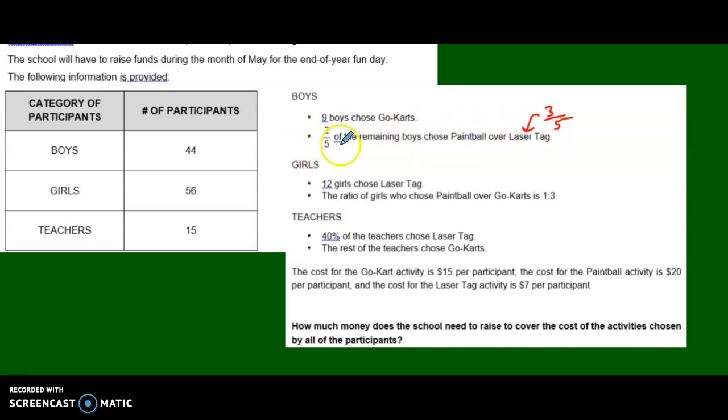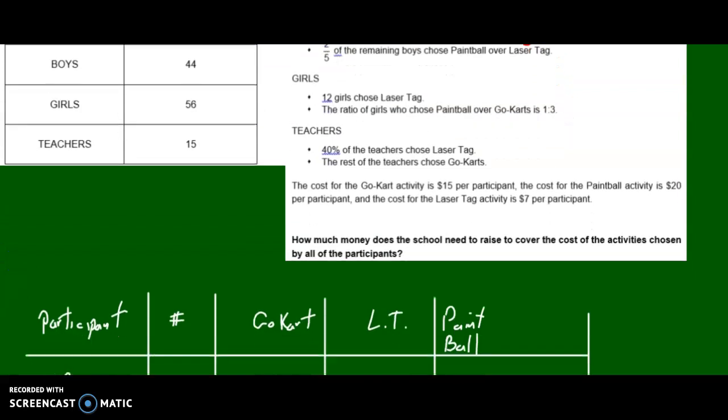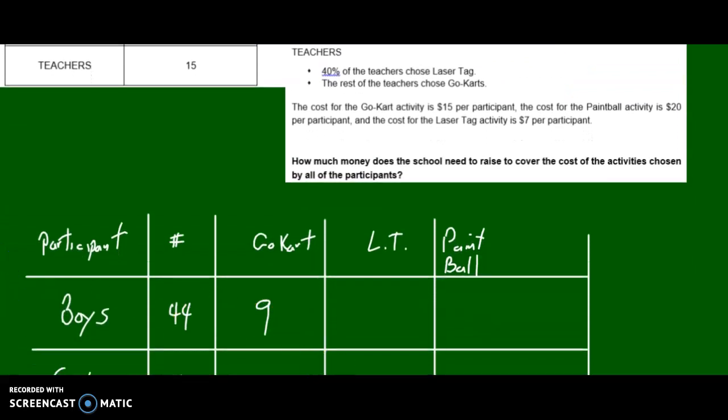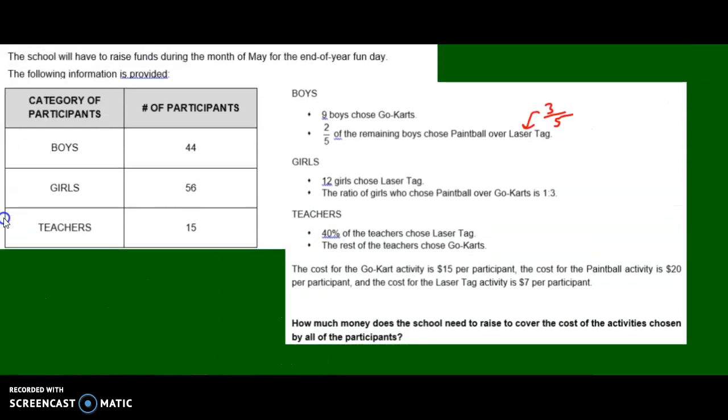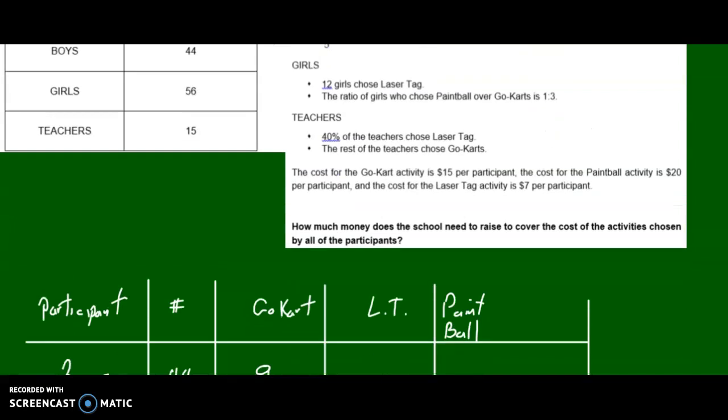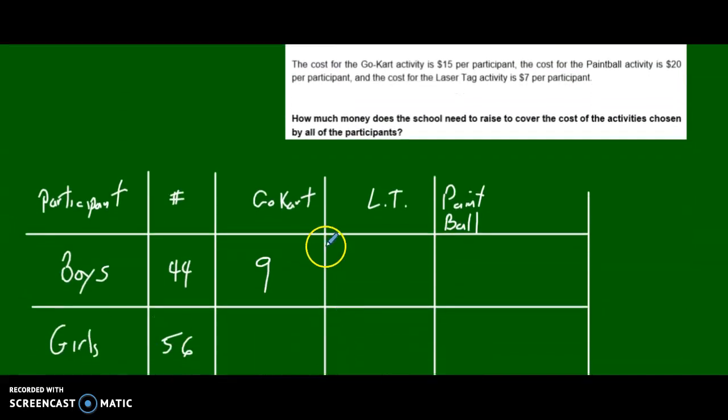So what's remaining? 44 minus 9, that's 35. So laser tag is 3/5 times 35, right? 35 is remaining. 3/5 of 35, that's 35 divided by 5 is 7 times 3, so 21.